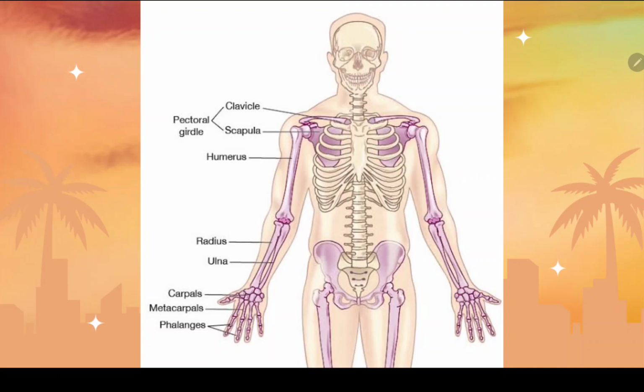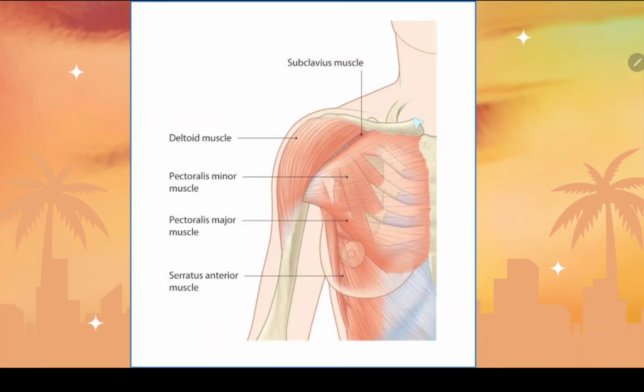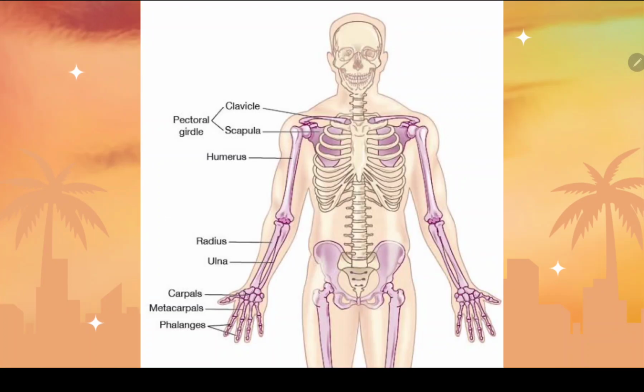Our first region is the shoulder region, right? So in shoulder region, we all know the shoulder region is made up of, first of all, pectoral girdle. Pectoral girdle is made up of two main bones, scapula, and this one is clavicle, right? The scapula is connected with the clavicle in this manner, and then scapula is also connected with the humerus bone, right?